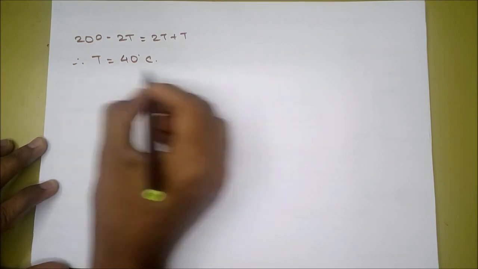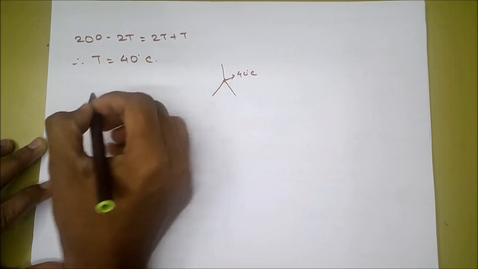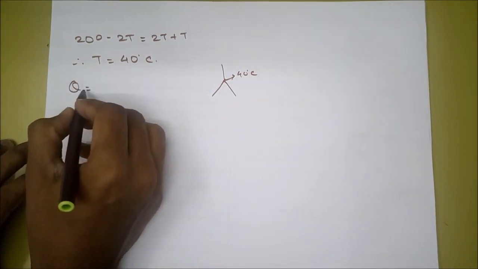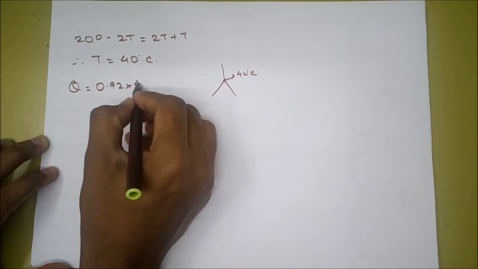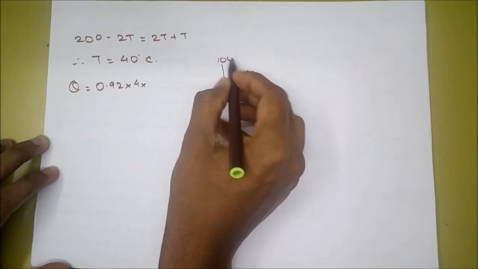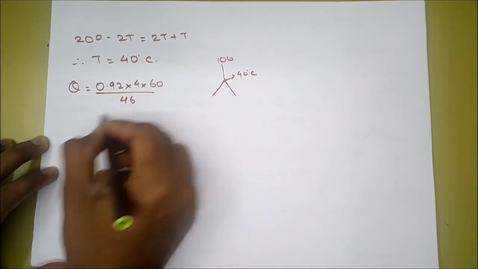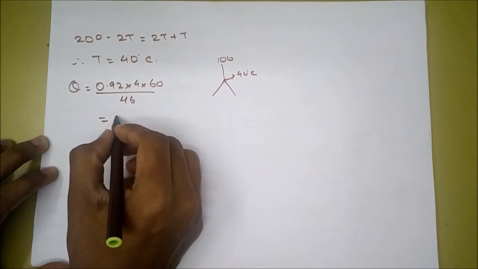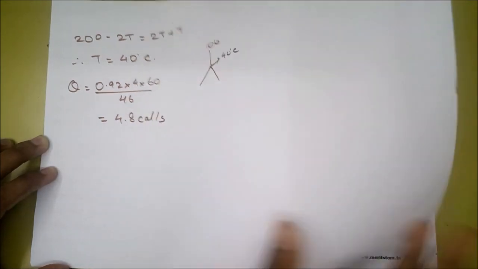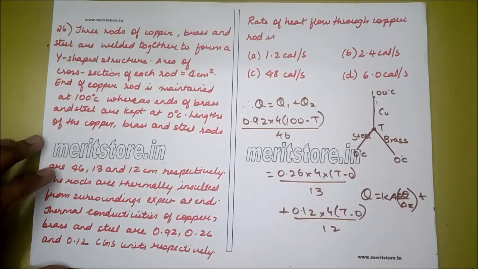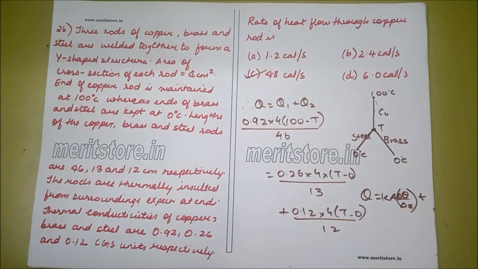So that junction temperature T is 40 degrees Celsius. Now the total value of Q is 0.92 times 4 into 100 minus 40, that is 60 upon 46. This value comes to around 4.8 calories per second. Hence, option C, 4.8 calories per second, is the right answer.